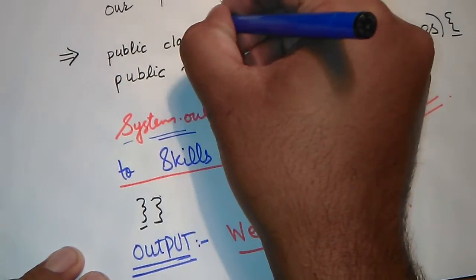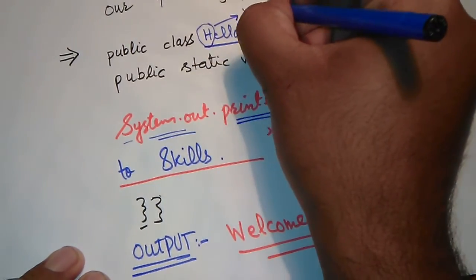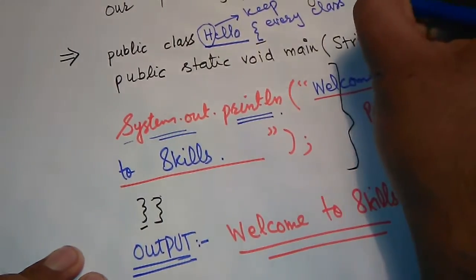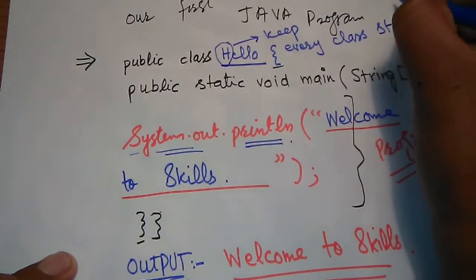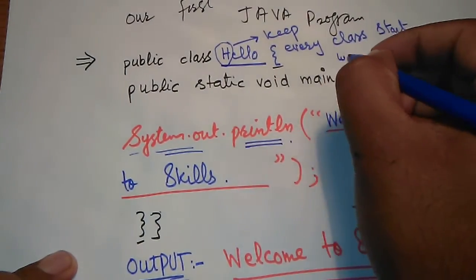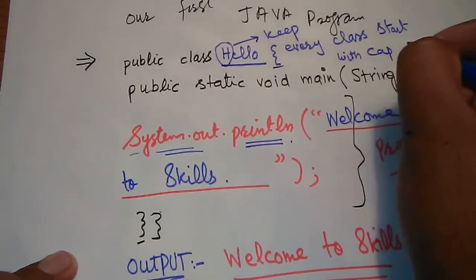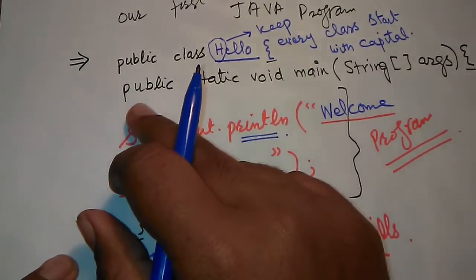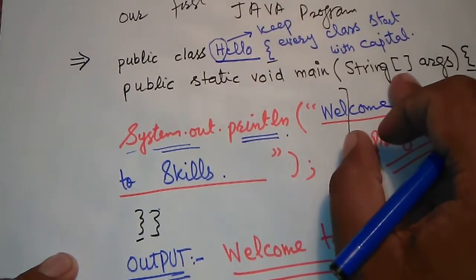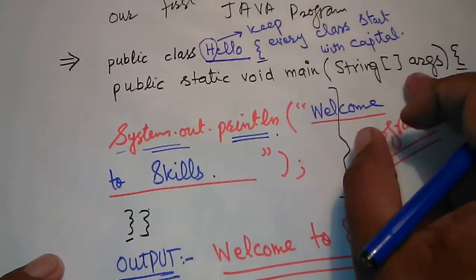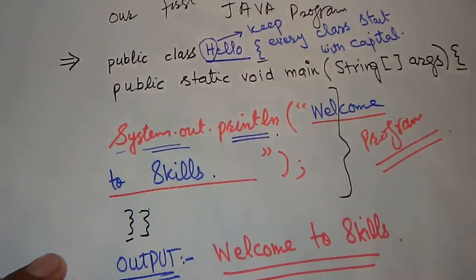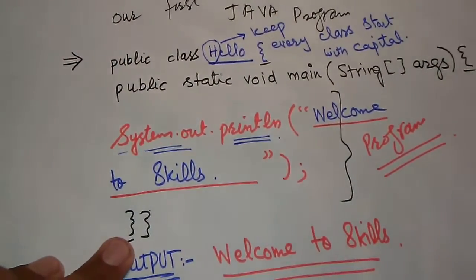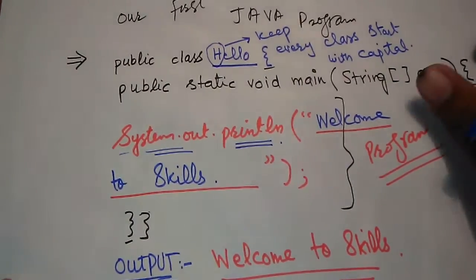There is some kind of rule, though not necessary, to start every class name with a capital. Then again public static void main, string args, these brackets, and then start and close. This is the main structure of a Java program.